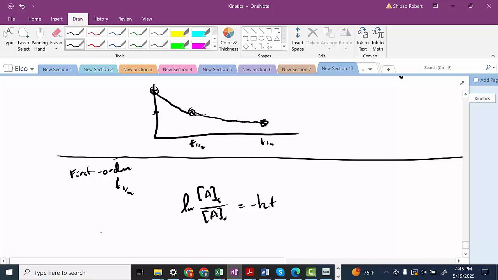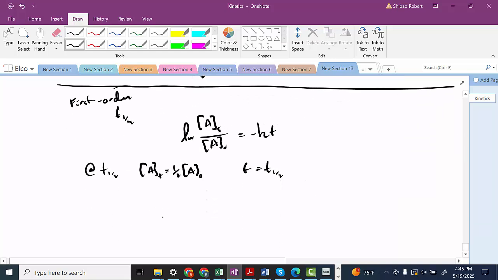Then at T1 half, the A at time T is equal to 1/2 of the original A times 0, and T is equal to T1 half. So we'll substitute that in here, and we end up getting ln of 1/2 A times 0 over A times 0. And A times 0 is cancelled. Is equal to minus KT 1/2.